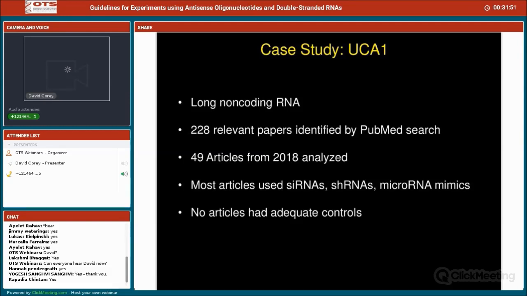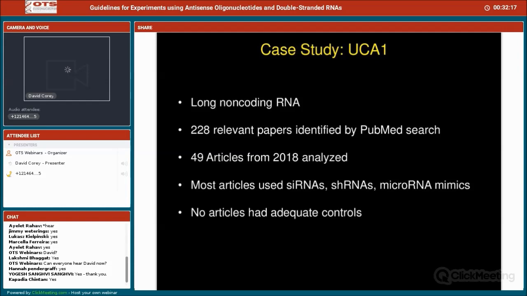So, is this really a problem? I'd like to give you one case study for a single long non-coding RNA. I want to say at the outset that I don't mean to be picking on the people who have studied this non-coding RNA. There are many microRNAs or long non-coding RNAs that have similar problems in what's been studied with them.